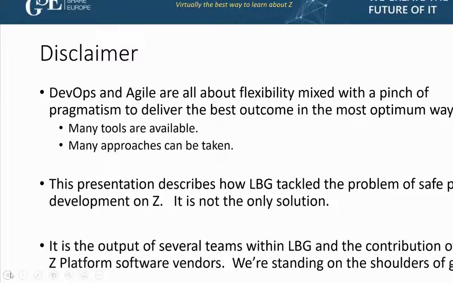It's not the only way you can do things. It's not the only solution. It's not "invented here". This is a real standing on the shoulders of giants. So we have built chunks of this internally. We have influenced our vendors to make changes for us, and we have used other technologies from the open source community. So it's a real blend of what's out there.